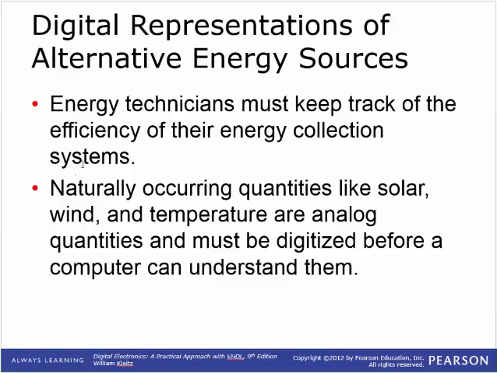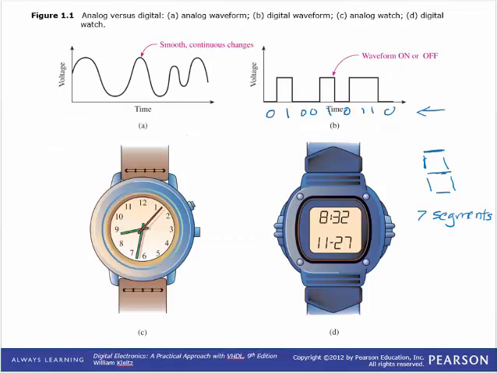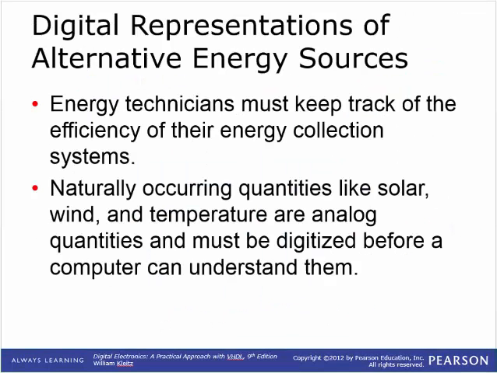Your textbook has this example. I'll go ahead and do it for a moment, even though it could be a better example. It says digital representations of alternative energy sources. You can do digital representations of different energy sources, but anything really that has an analog varying voltage or current level, you can convert to digital.